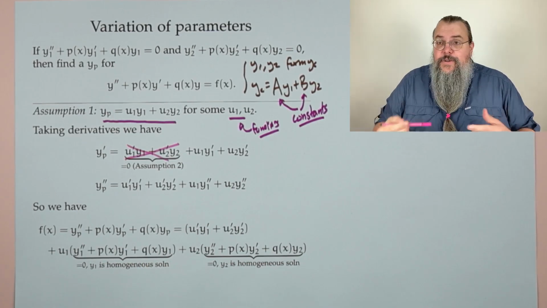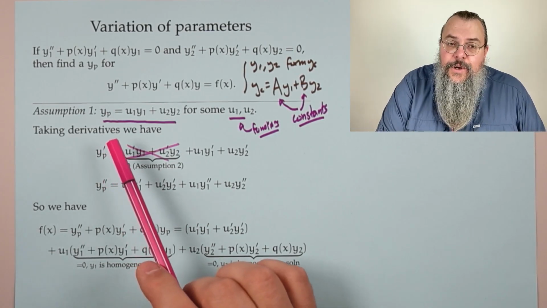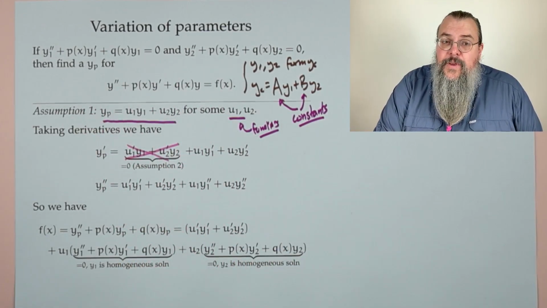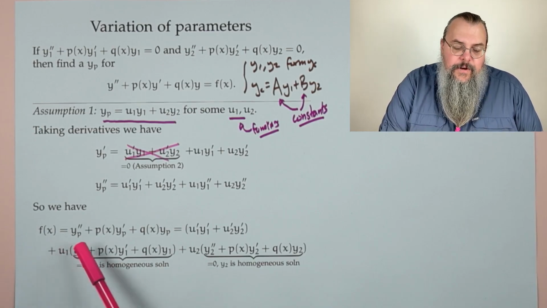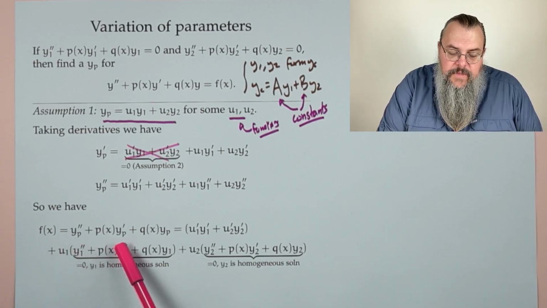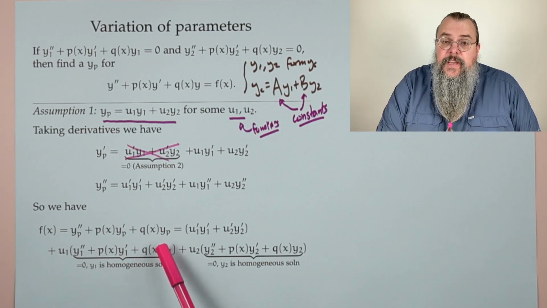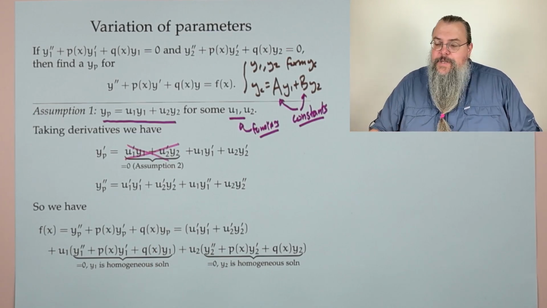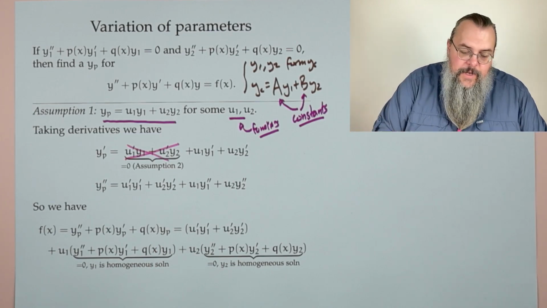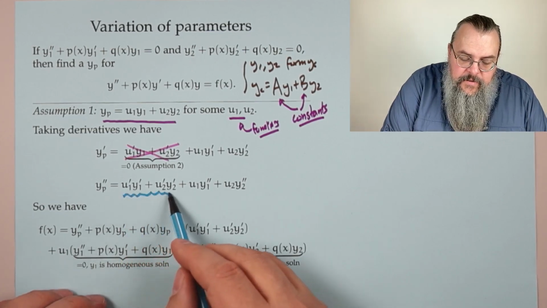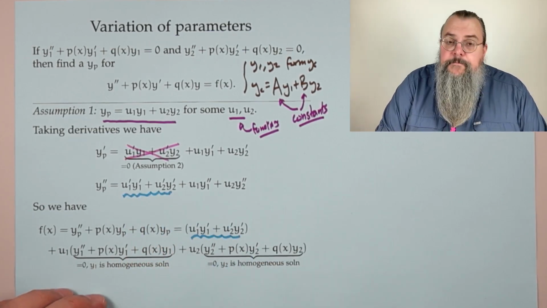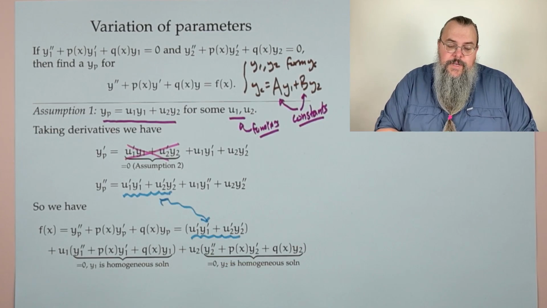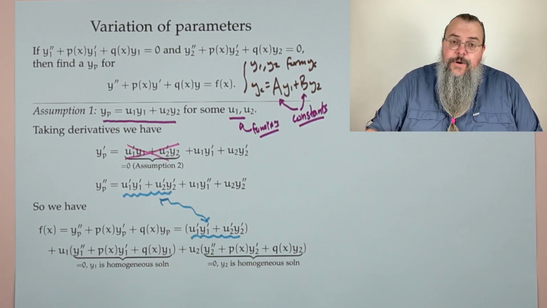Now, we know that this is a solution. Y sub p is a solution, which means that when we plug it into our differential equation, out comes f of x. So we have that f of x is our yp double prime plus p of x yp prime plus q of x y sub p. And we start gathering. Now, where do we get pieces from? Well, we have our yp double prime as this part, and so that comes from there. All right, so pay attention. Let's see what else we have.